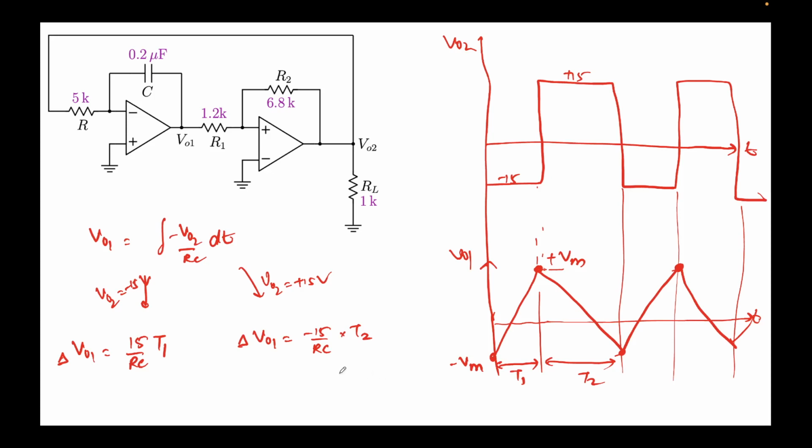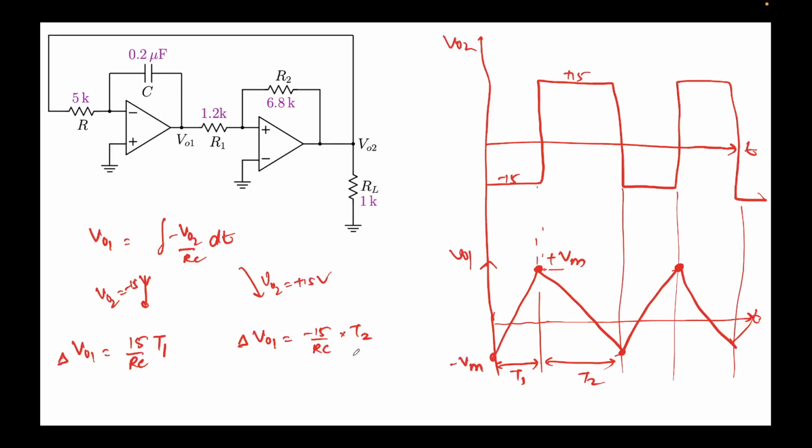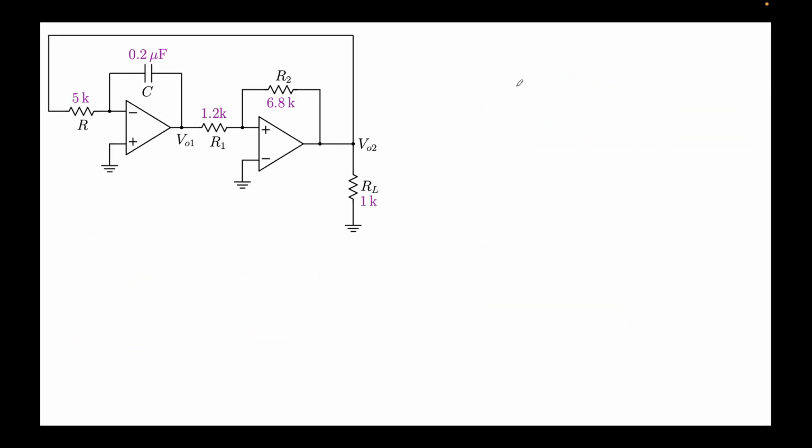So what I'm going to claim now is that the magnitude of delta V01 is coming out to be 15 over RC times T1.